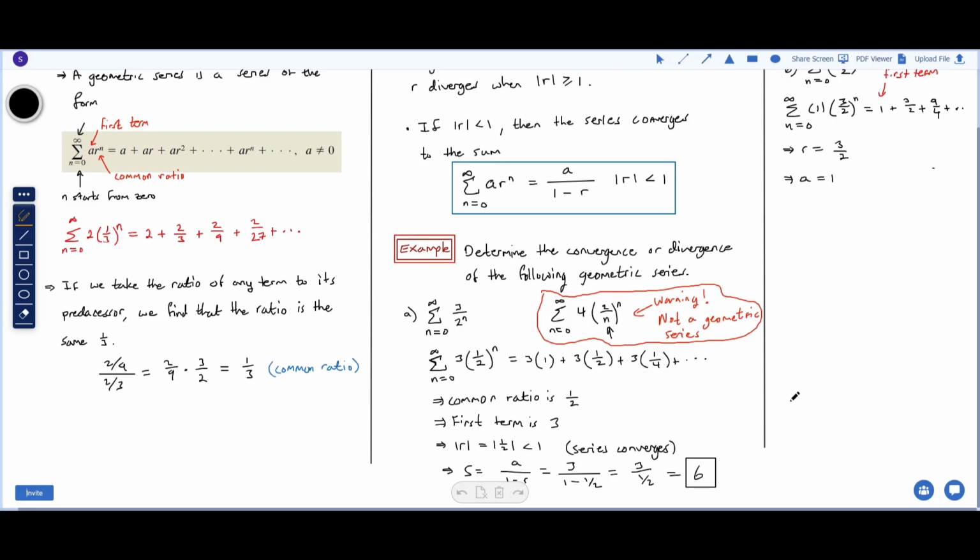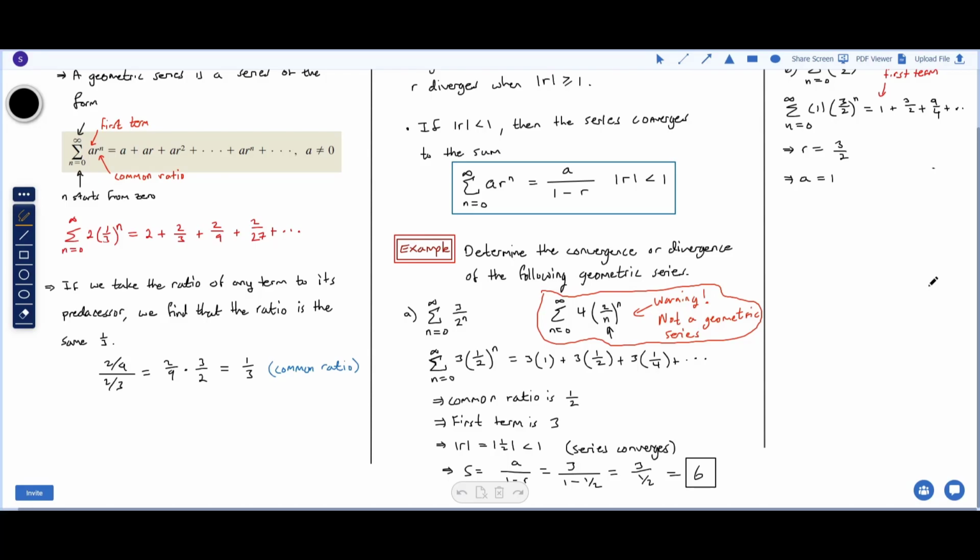Right. So the absolute value of r in this case is equal to 1 and not less than 1. So it diverges. No, it's not equal to 1. Absolute value of r is not equal to 1. Oh, wait.